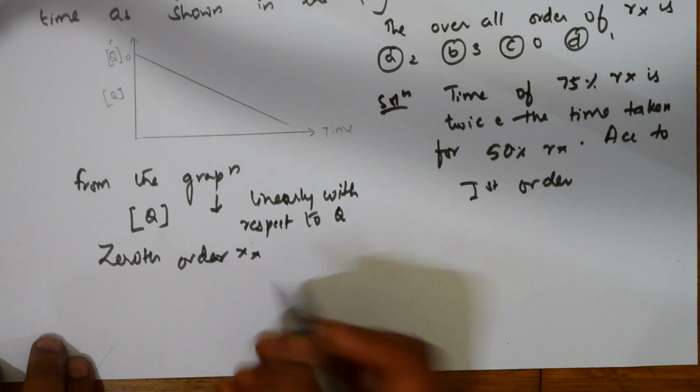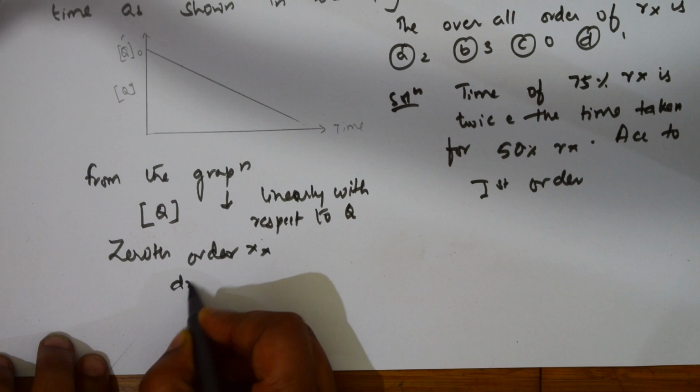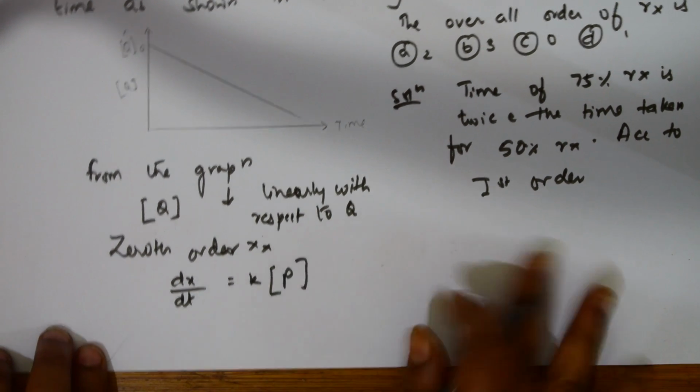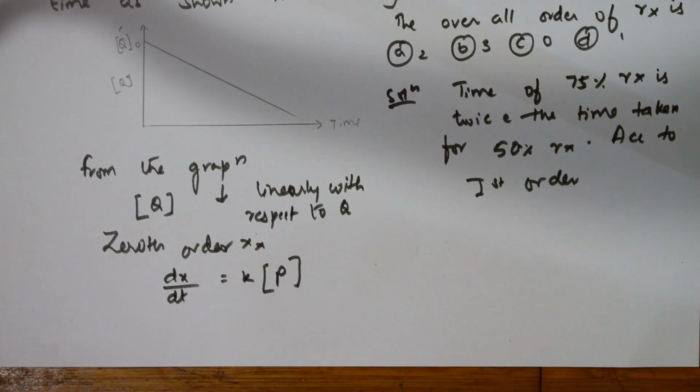Okay. Right. So now, how can I write? dx by dt is equal to K P raised to the power of A, Q raised to the power of B. We take the coefficients in that way because they will not mention anything there in the reaction.